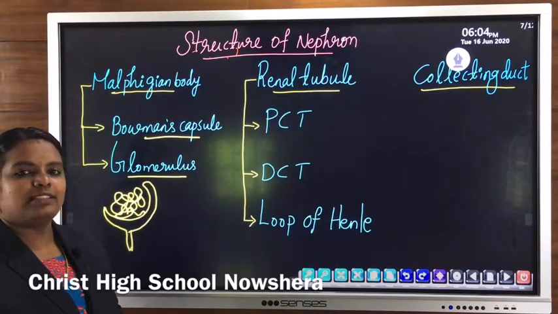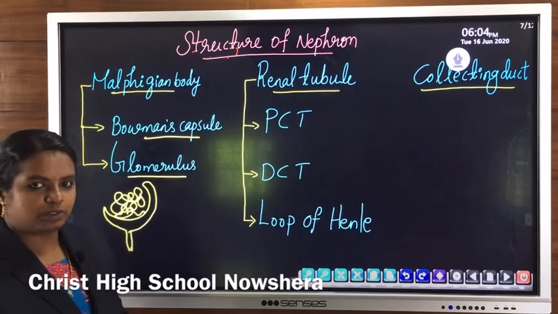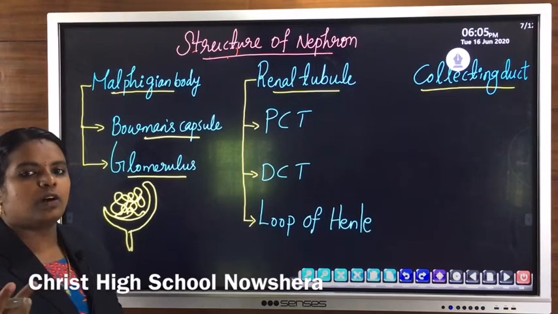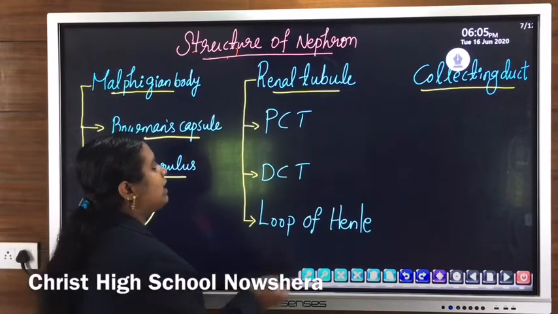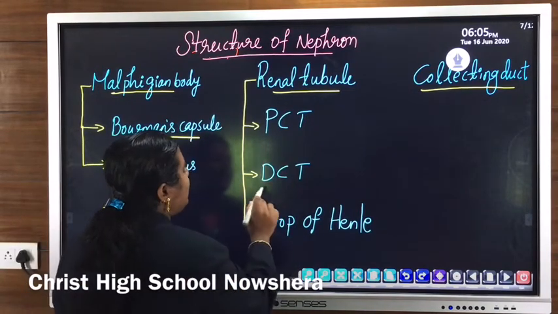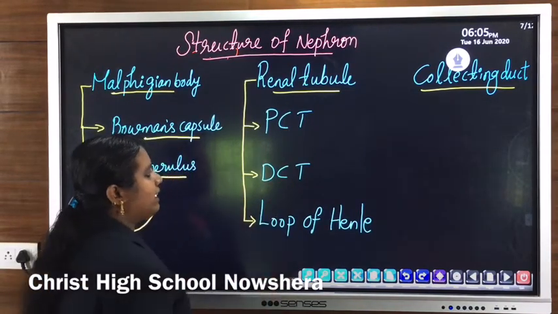Renal tubule consists of small tubes or tubular structures. This renal tubule consists of PCT, DCT and loop of Henle.